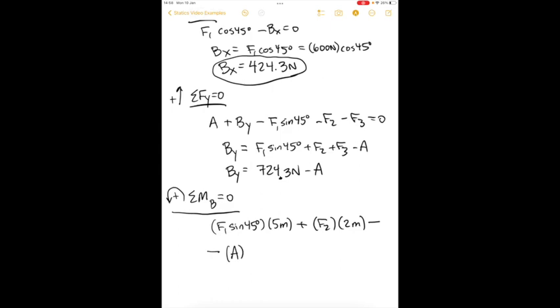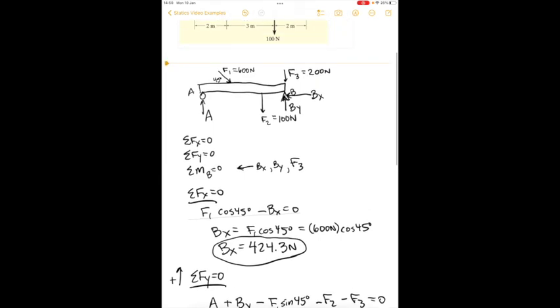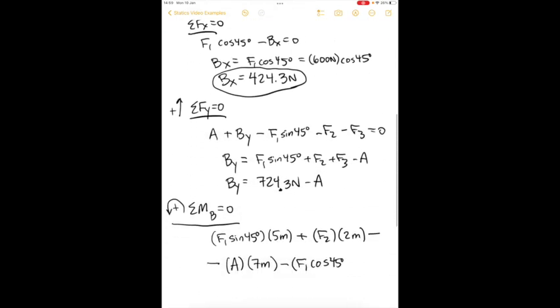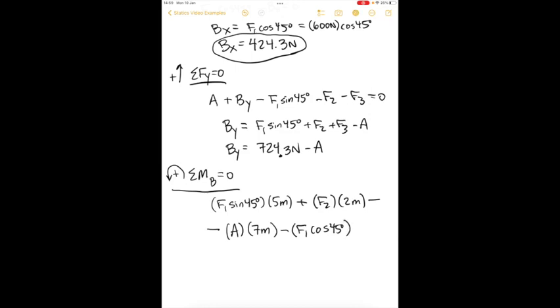So there's a negative moment caused by the A force, and there's also a small one from the X component. If we look carefully, that X component up here has a distance of 0.2 meters. And so there's a small negative moment caused by the X component of force 1. All of that's going to add up to 0.